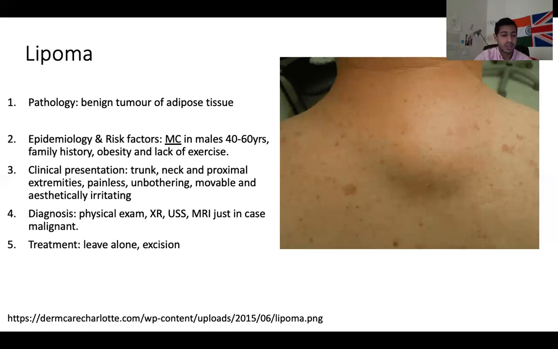So therefore, it's always useful sometimes to do an MRI just in case it is malignant, and you can catch the cancer before it's too malignant, you could say. Treatment, leave alone in most cases. Excision more for aesthetic purposes or convenience as well.